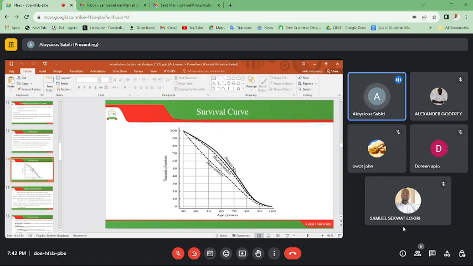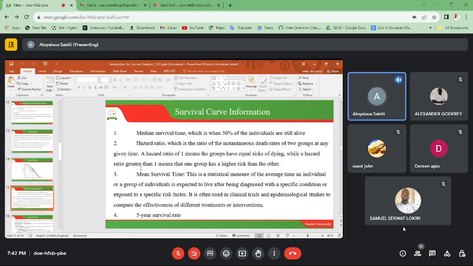And you can see here that we shall have non-users at about age 60 something, and we shall have the heavy smokers at about 60, and their numbers are relatively very small in that regard. So the hazard ratio is the ratio of instantaneous death rates of two groups at any given time.